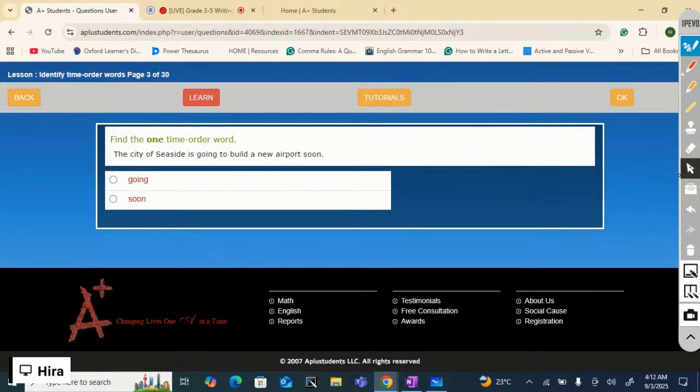The city of Seaside is going to build a new airport soon. Now, which one is time order word? Going or soon?